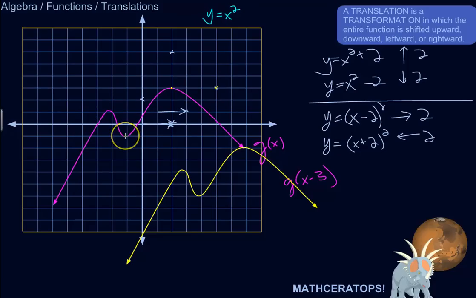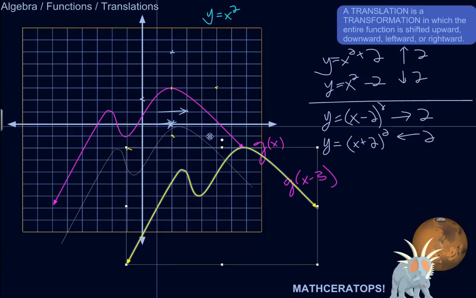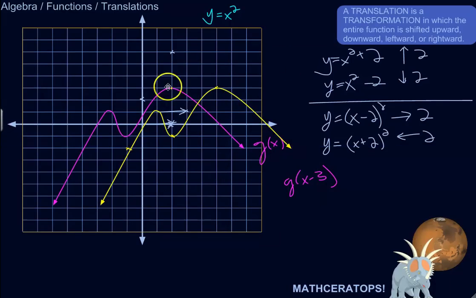This point will be roughly over here now. So all together, when you did that for a few points, it would look something like that. You just move straight over.